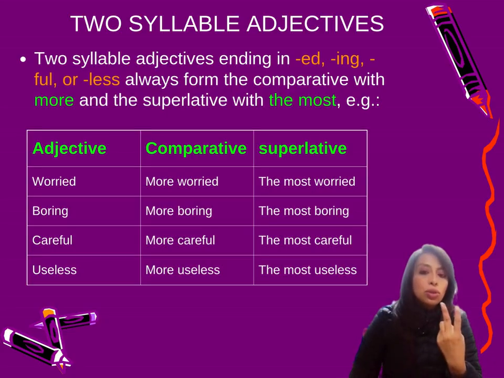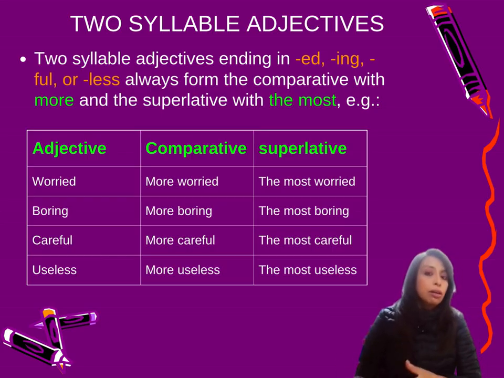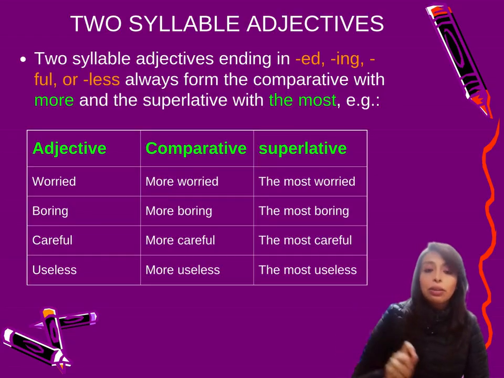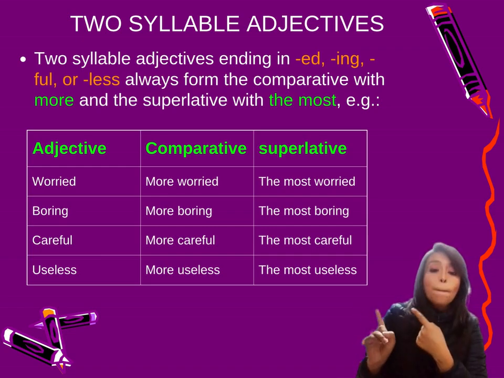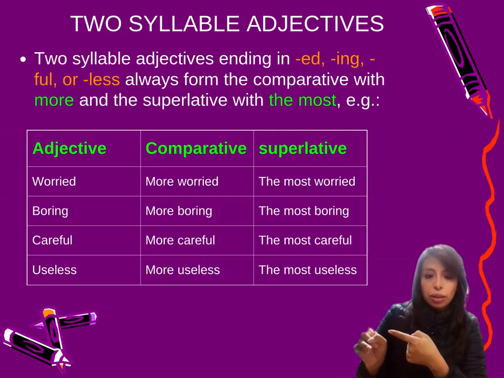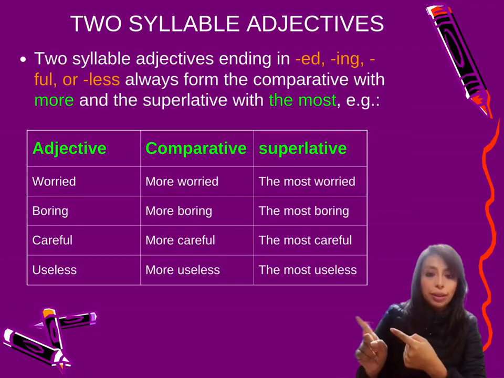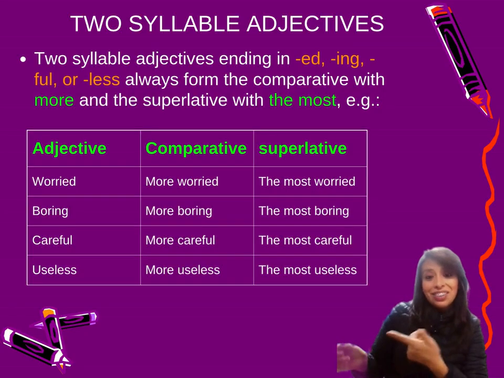It has two syllables, yes, but it's not possible to add er. Since it ends in ed, it's necessary to add more. For example, worried, more worried, and the superlative, the most worried. Boring, more boring, the most boring. And others.